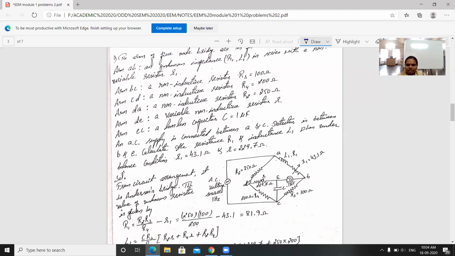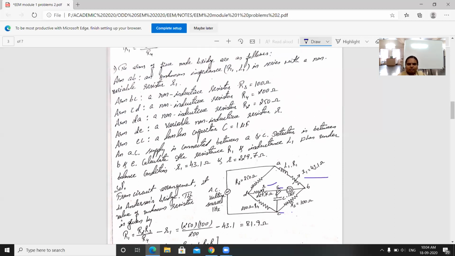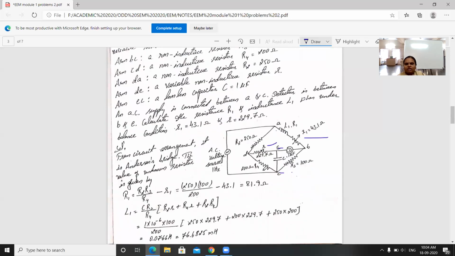Across DE, this is DE, a resistor r is connected. Then across EC, this is E and C, a capacitor of 1 microfarad is connected. Okay, and they have given the values for R1 and also for r. This is our bridge. This is nothing but our Anderson's bridge.